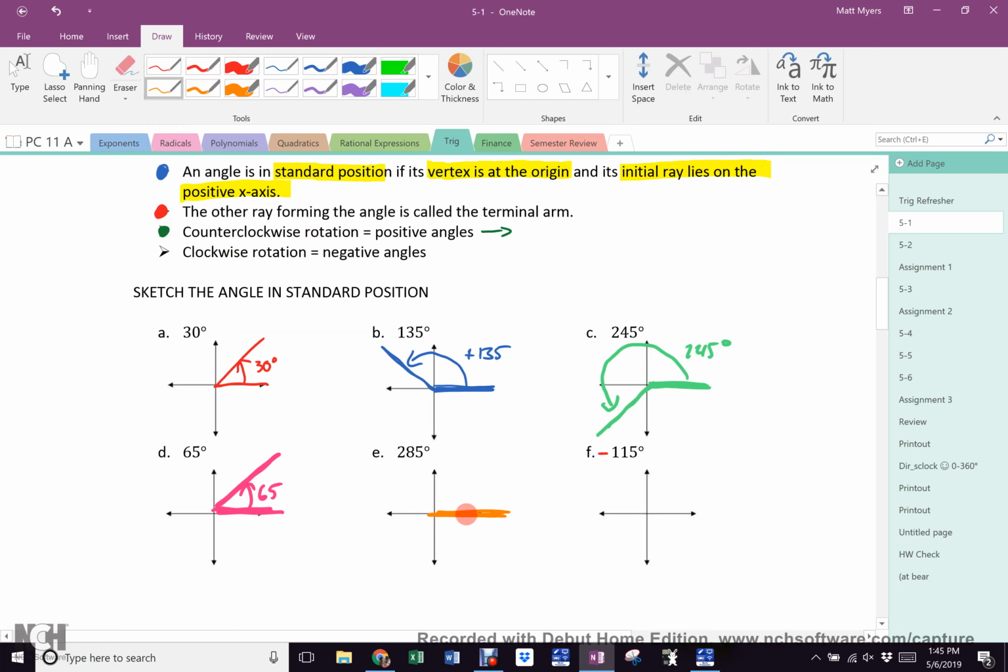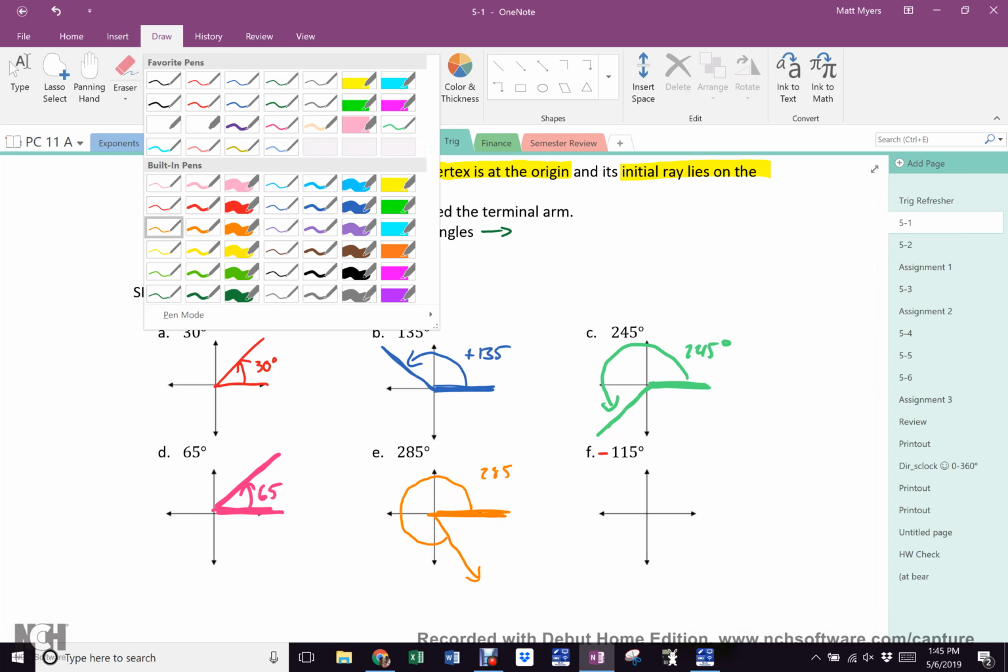Zach. Jack. Up or down? Up. Tell me when to stop. Abso-smurfly correct, because he went past 270.